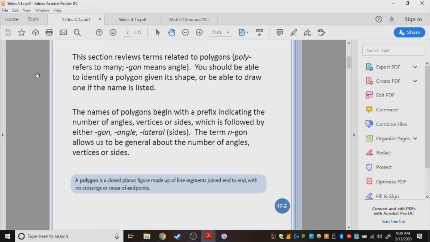Now, unfortunately, because these things got discovered slowly over time, the names have some variety in them as well. Some names end in gon, some end in angle, some end in lateral, meaning sides. But if I have a number of sides or angles above 12, then we standardize the name and just call it an n-gon, where n could be whatever, 14, 15.